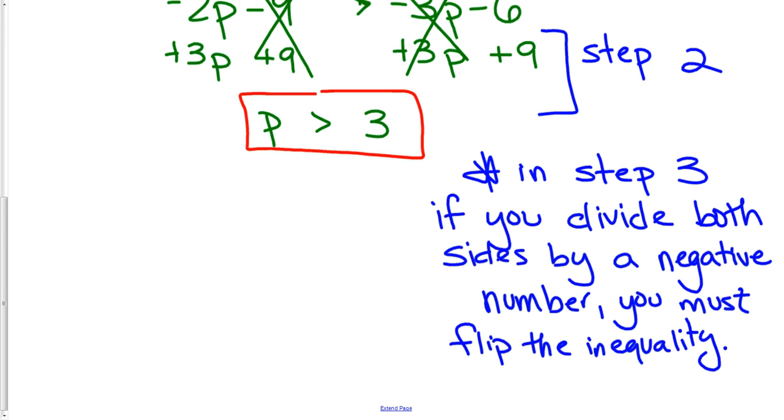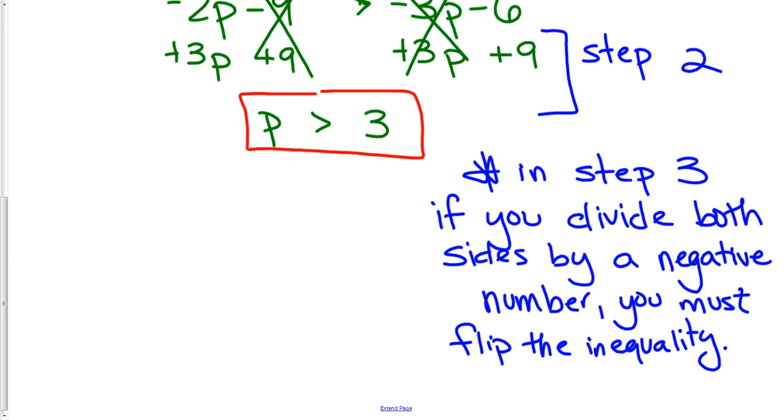So in other words, a greater than would become less than, less than would become greater than, greater than or equal to would become less than or equal to, or less than or equal to would become greater than or equal to. So you just flip it back and forth if you divide both sides by a negative in step number 3.